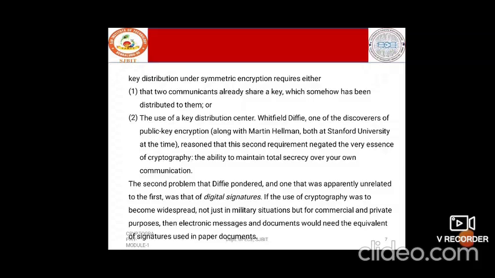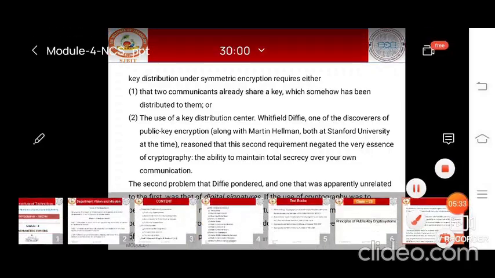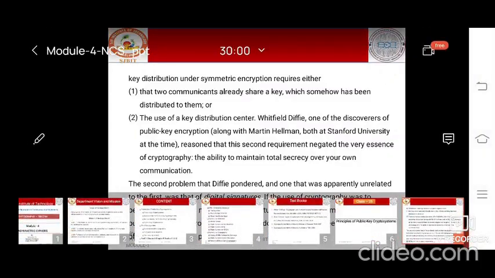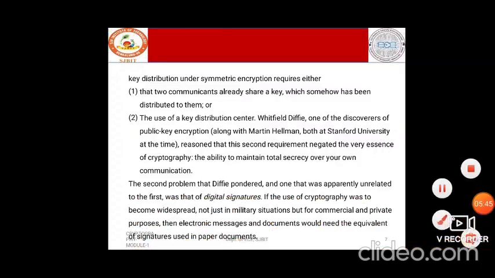Finally, there is a feeling that key distribution is trivial when using public key encryption, compared to the rather cumbersome handshaking involved with key distribution centers for symmetric encryption.